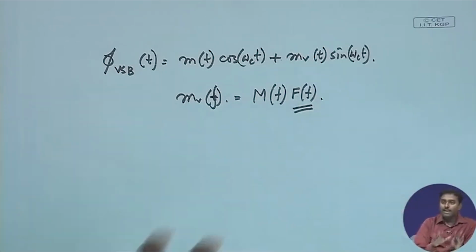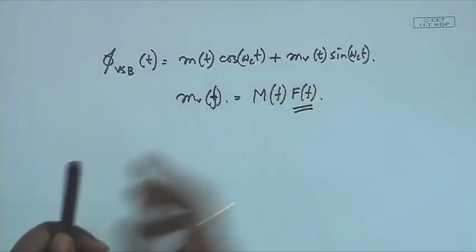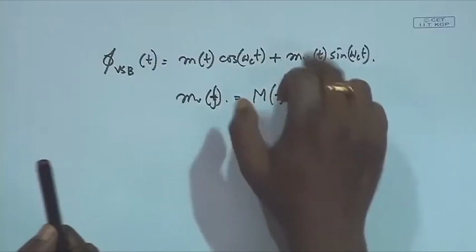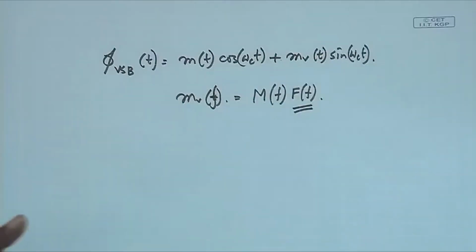So, some filter I will be requiring through which if I pass this M(f), and of course, we will later on see that this F(f) must have low pass characteristics, okay. So, it is a filter which I am aiming for, I still do not know, I will be proving what this filter is, which gives me this mV(t). So far we are just assuming, okay, that this mV(t) can be represented as this, almost similar to our SSB.